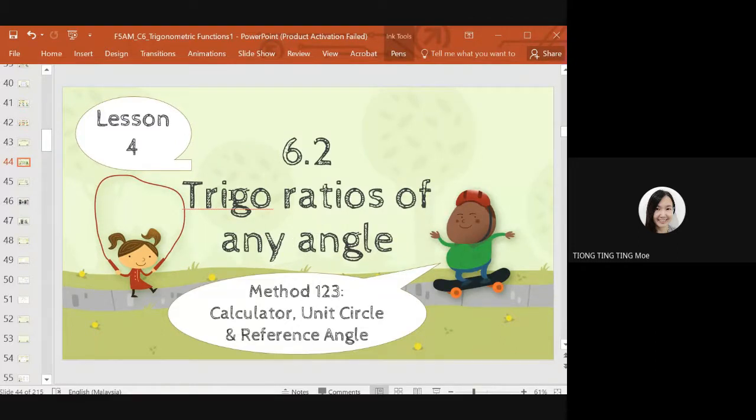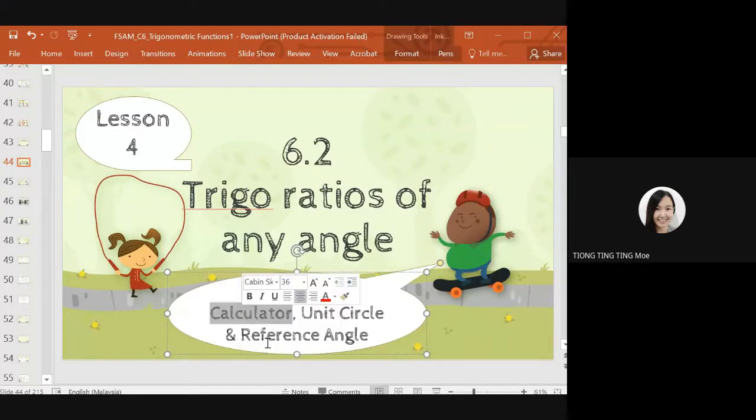Now we will learn four methods to find the trigonometry ratios for any angles. Next lesson I will touch on methods 1, 2, 3: calculator, unit circle, and reference angle.